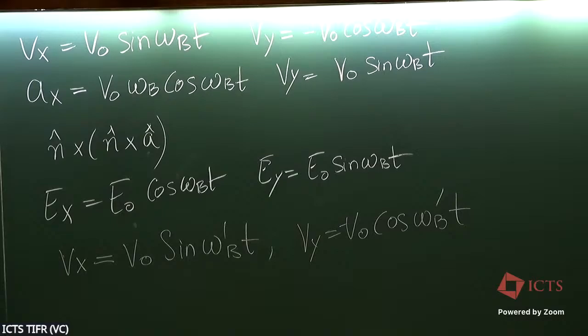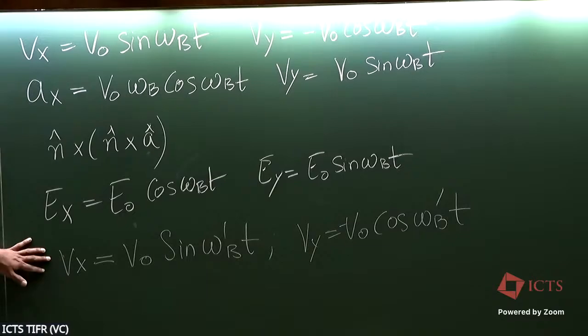So the rate of work done by the field on the electron is force dot velocity. That's the rate at which the field will do work on the electron. So you have the X and Y components of the force, which is going to be proportional to E basically. The force on the electron because of the electric field is Q times the electric field. And that's the velocity, right?